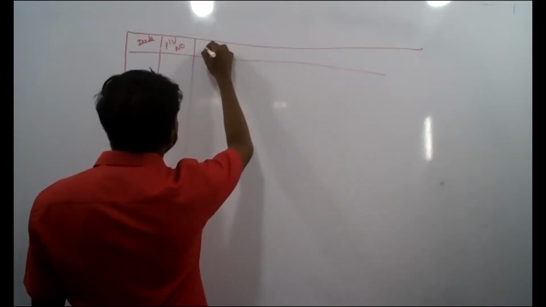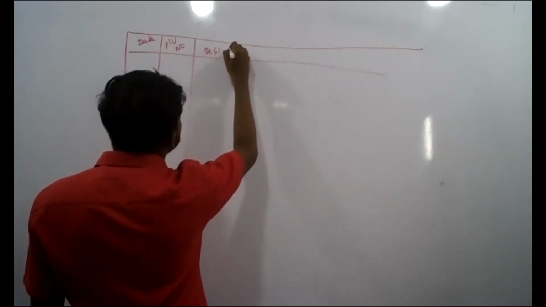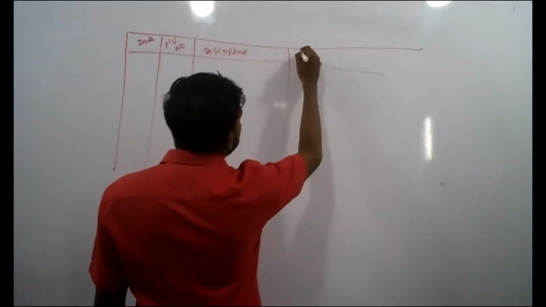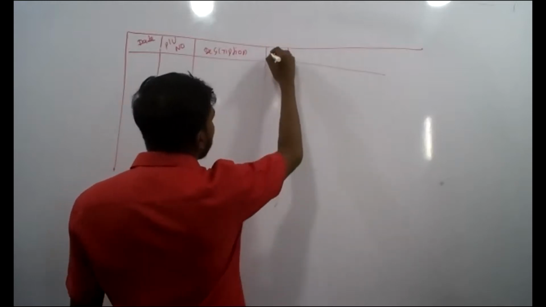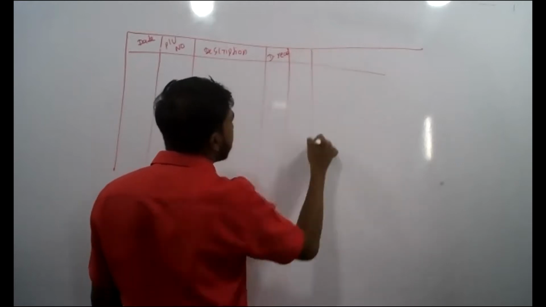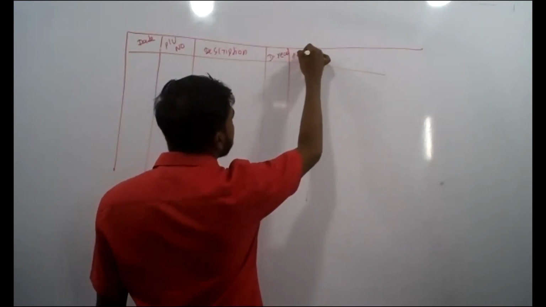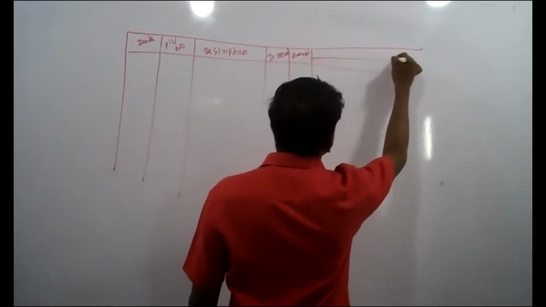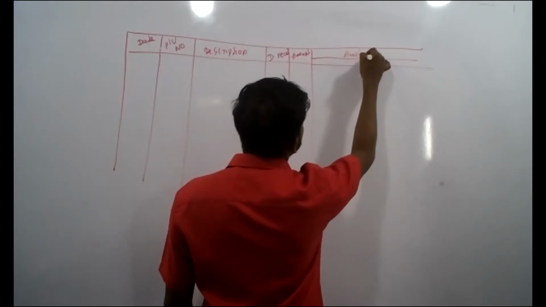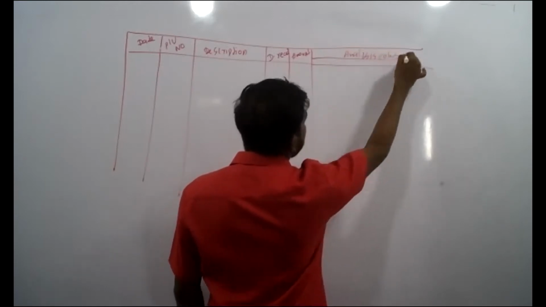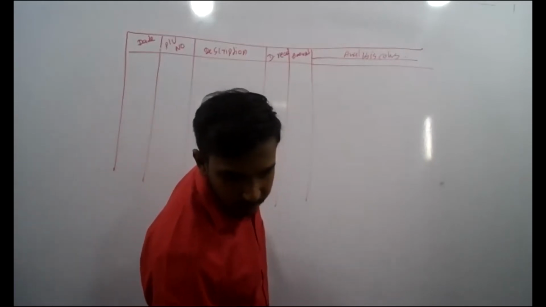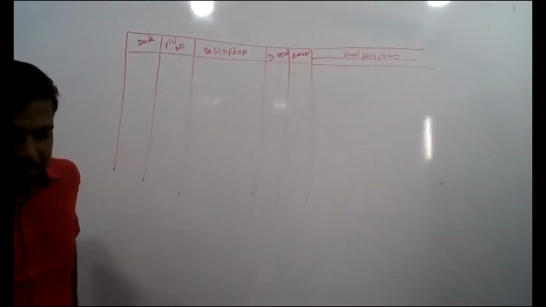Then here comes the description. Then discount received. The other one comes discount allowed. This is the amount. Then you will take the analysis columns.